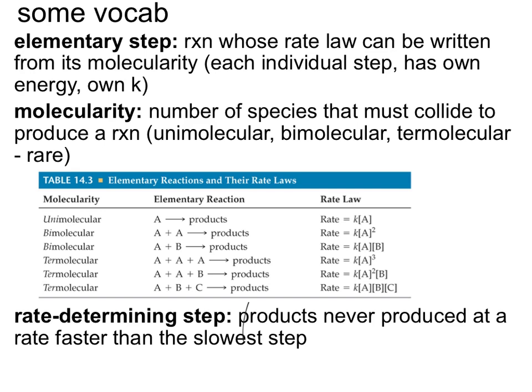So the rate determining step, guys, is the step in a mechanistic process that is the slowest step. You'll never be able to produce products at a rate faster than the slowest step within a mechanism.